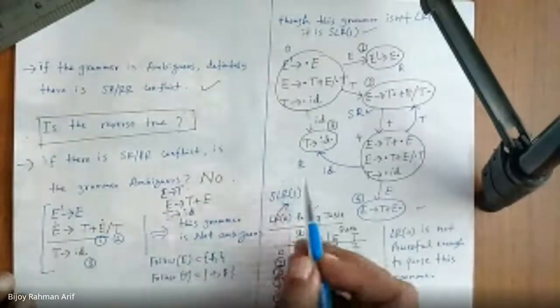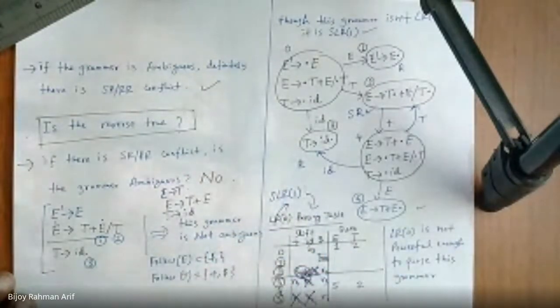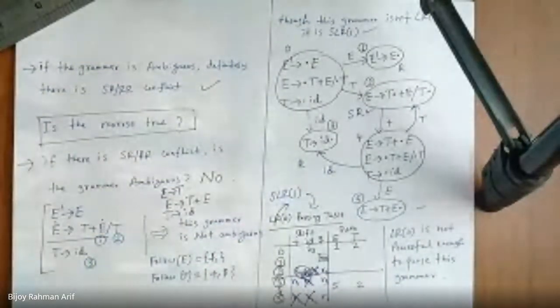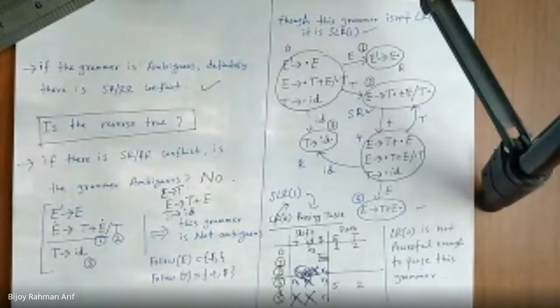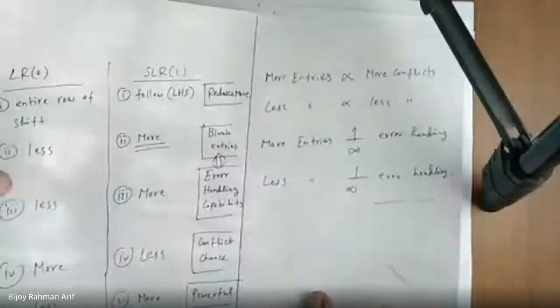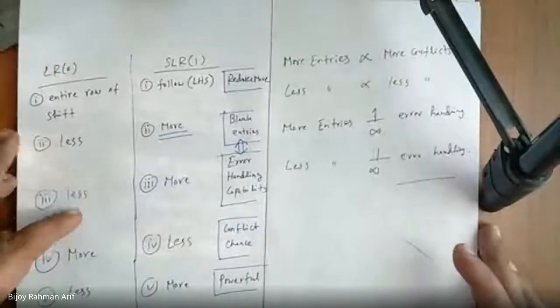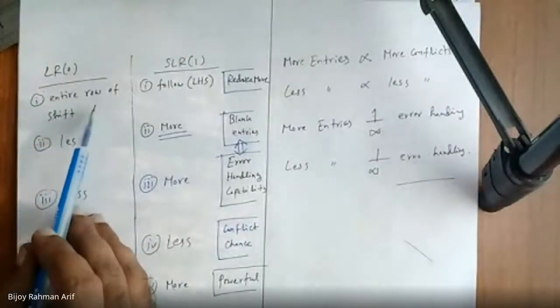But when we try to find out the SLR parser, we see that the conflict is gone. In LR(0) parsing, we put the reduce move in the entire row of the action, the entire row of shift.